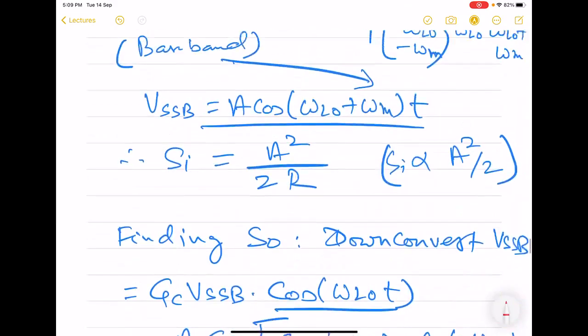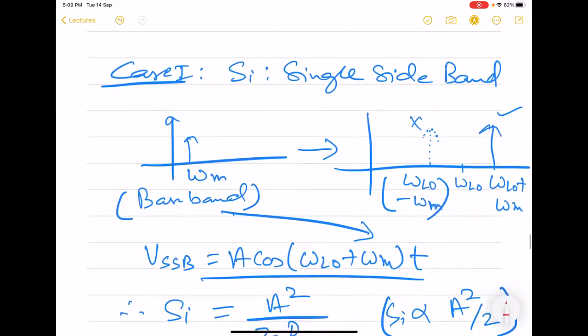However, if you see the case for single sideband, then again we have noise present. Noise will be present throughout the band. So here, when this is down converted, what happens? Only one signal gets down converted. However, noise at the signal location and image location both get down converted. So what happens in the single sideband case?